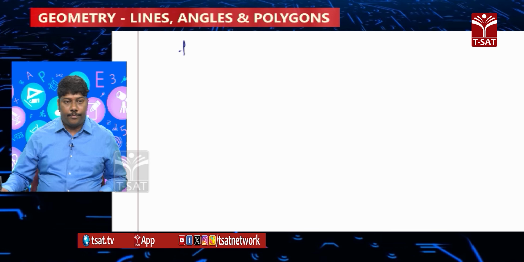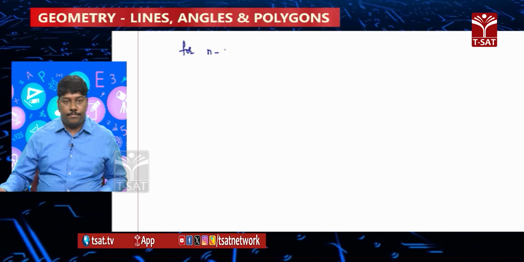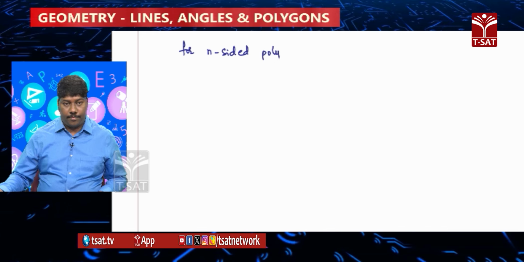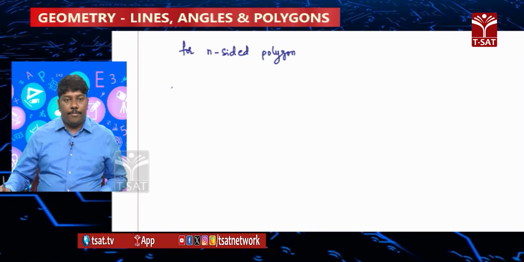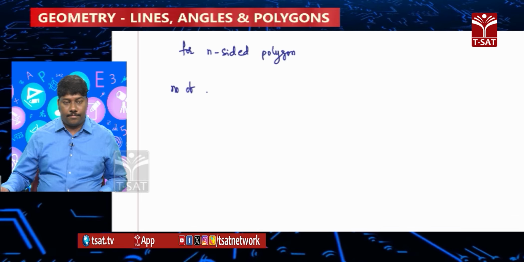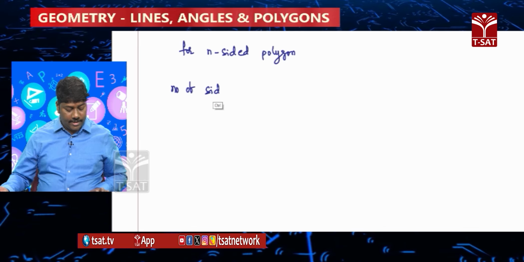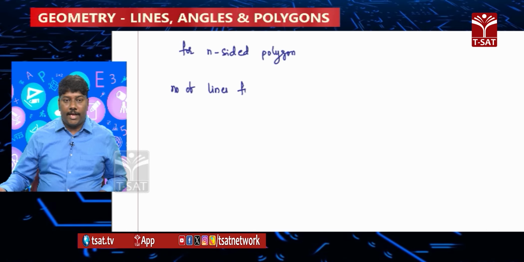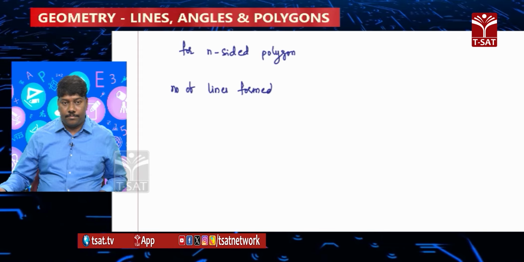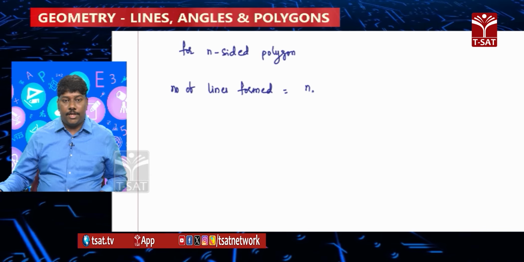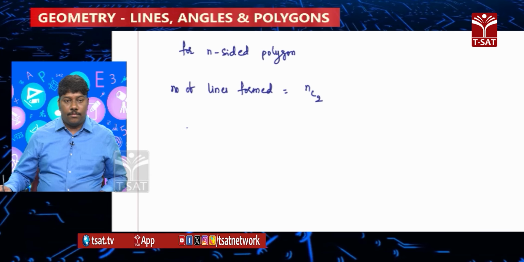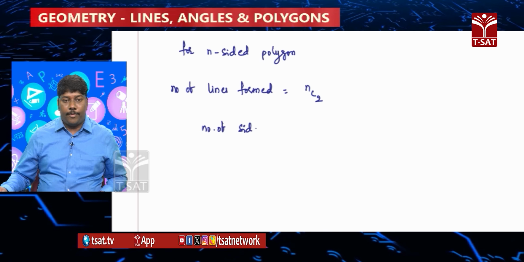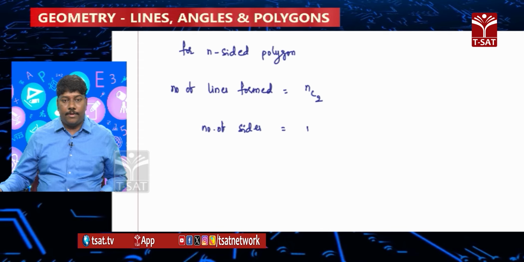So for an n-sided polygon, the number of lines formed is equal to nC2, and the number of sides is n, since it's an n-sided polygon, the number of sides or vertices will be n.